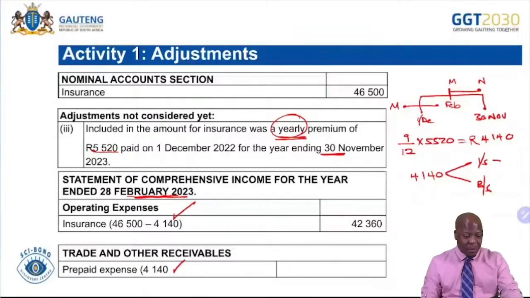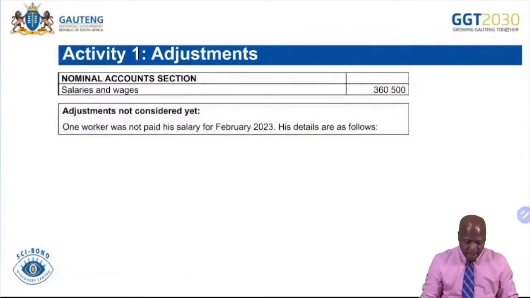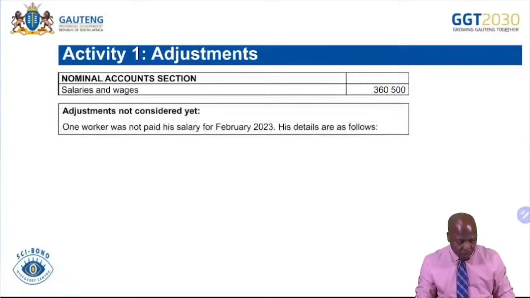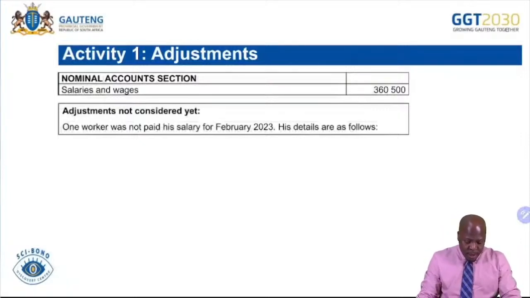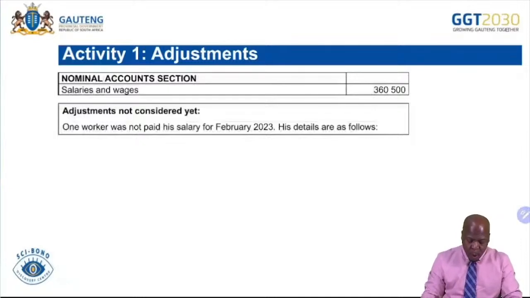Okay, are you ready for the next adjustment? Let's look at the next adjustment, and it reads, salaries and wages. It says, adjustments not considered yet. One worker was not paid his salary for February 2023. His details are as follows.